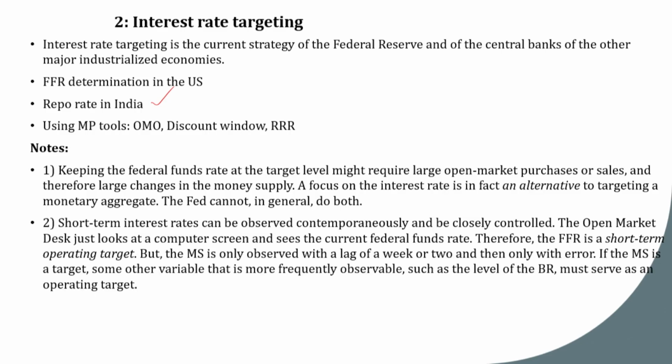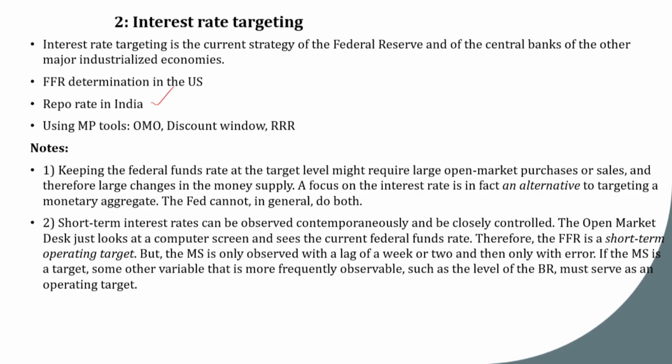So you can target either money, that is the monetary aggregate or money supply, or the interest rate. And the second point is that short-term interest rates can be observed contemporaneously and be closely controlled. The open market desk just looks at the computer screen and sees the current Fed funds rate. Therefore, the FFR is a short-term operating target, but the money supply is only observed with a lag of a week or two, and then only with error.